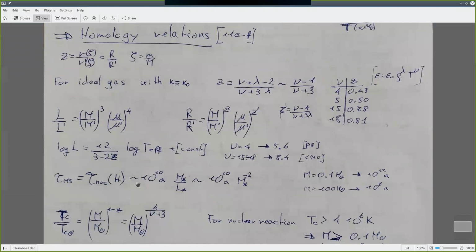The homology relation manages to show the actual behavior from the Russell diagram and the change of the slope from more massive stars and less massive stars.